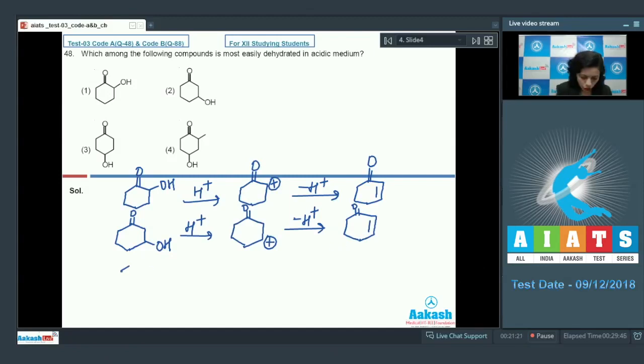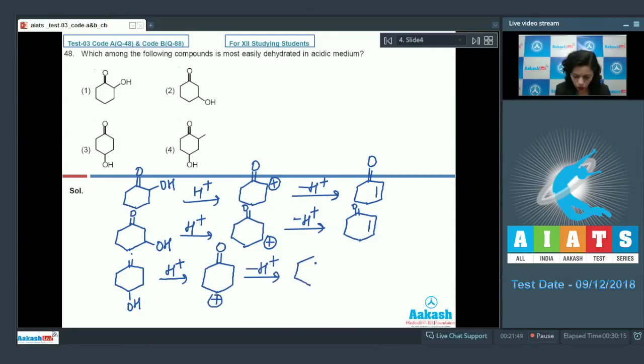After this, it's the turn of the third option. Attack of the acidic proton, formation of the carbocation, and further formation of the alkene also. So here is the formation of the alkene.